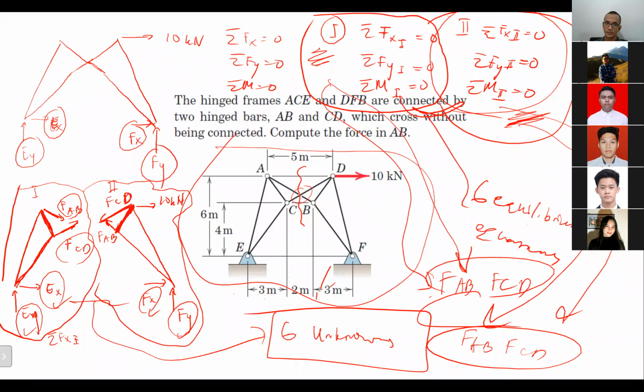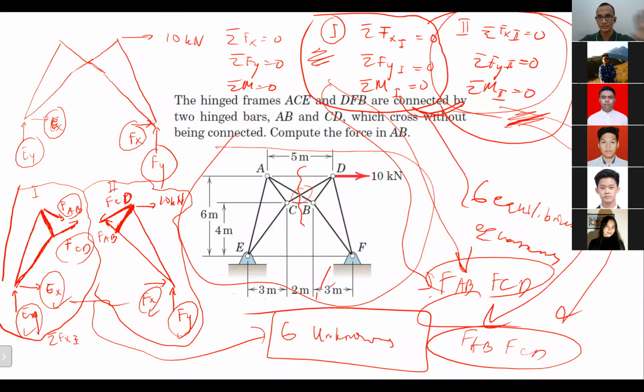In order to solve for FAB and FCD, you have to use both sets of equation, and you will not be able to solve both sets at the same time. So what you can do is eliminate the ones that have no connection with each other.